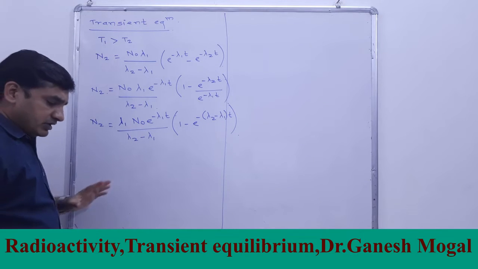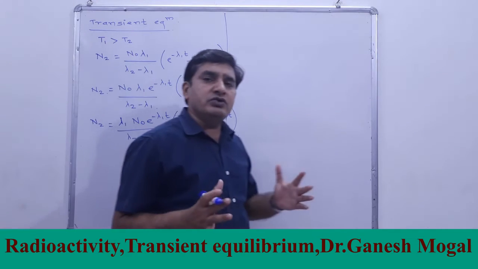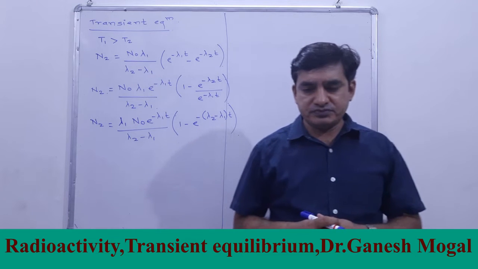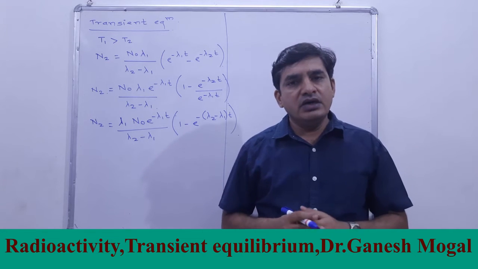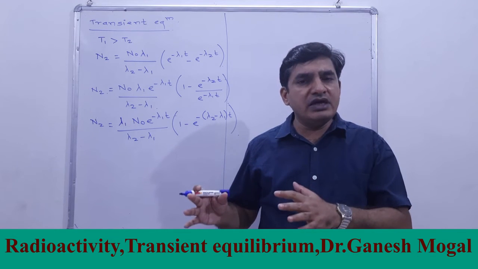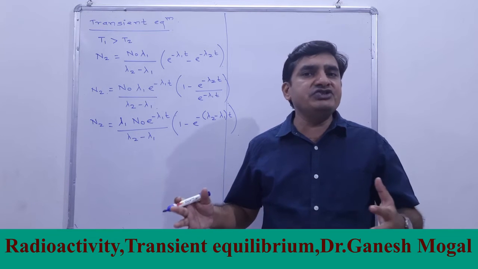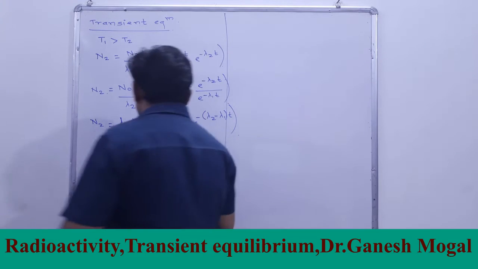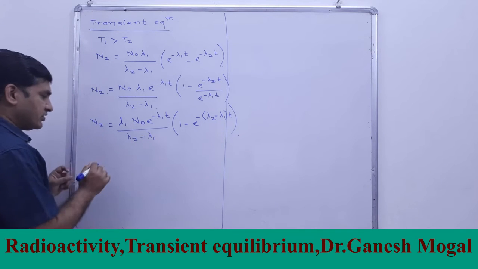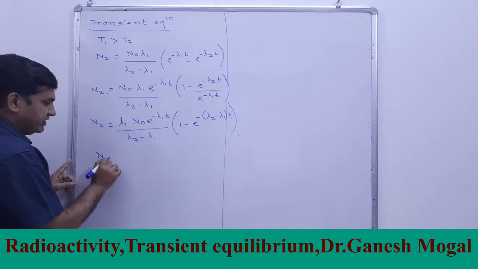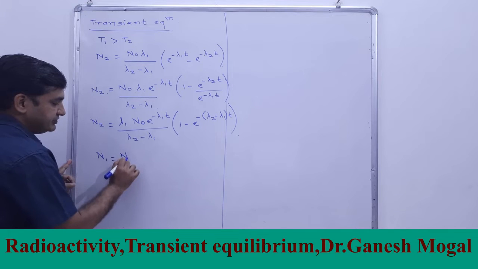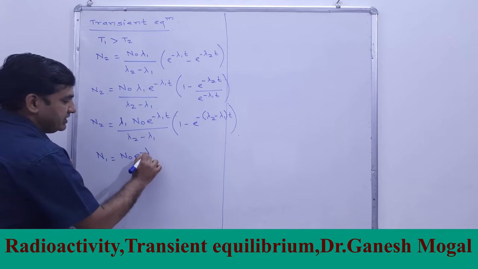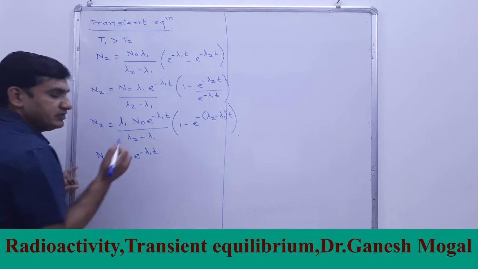But according to the law of radioactive decay, the radioactive nuclei decrease exponentially with time, and therefore the number of radioactive nuclei for the parent atom, that is N1, is equal to N0 e raised to minus lambda 1 into t.